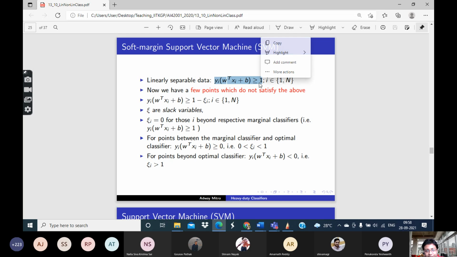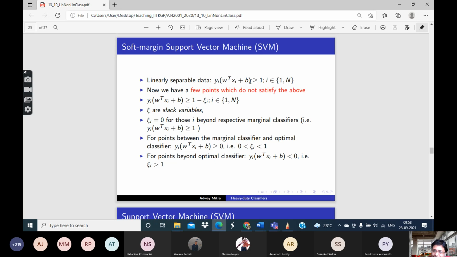For each of the data points, this indicates that they are correctly classified with respect to the marginal classifier. But now there may be some points which it may not be possible to classify with respect to the marginal classifier. So for such points, I will have to make some concessions because they may be the outliers.